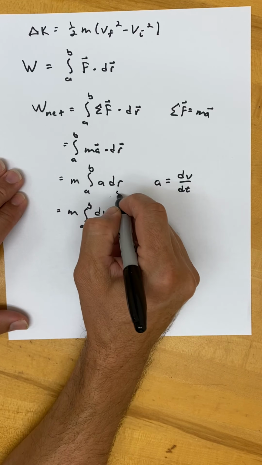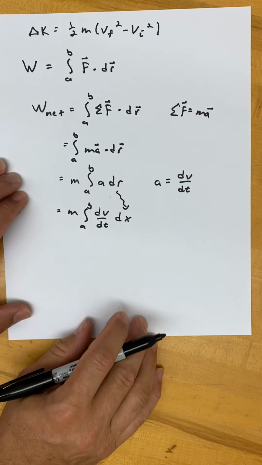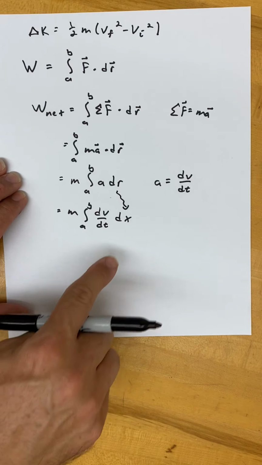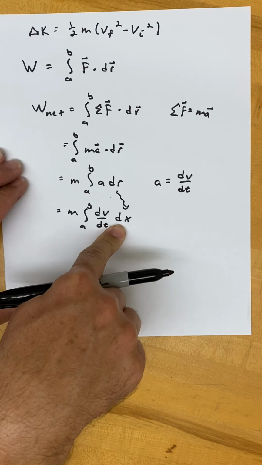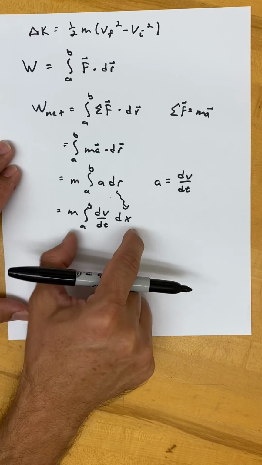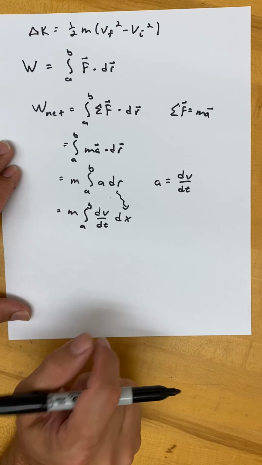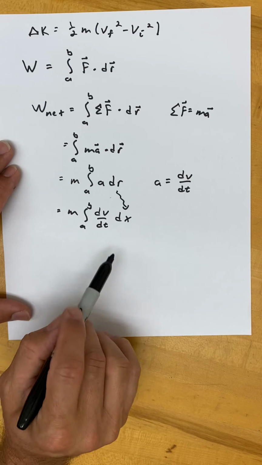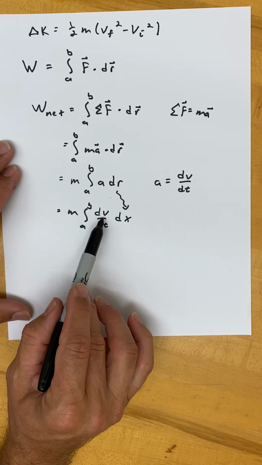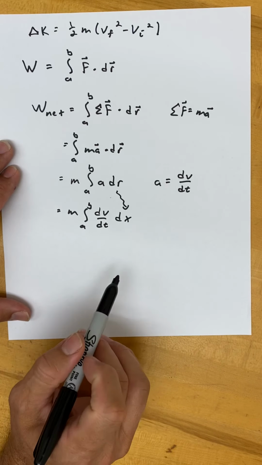So my general dr has magically transformed into my specific dx. I'm just looking, for simplification, at one case. All right, so you might look at this and go, okay, you're a little bit closer. You've got a velocity, and then it's going to involve a position.